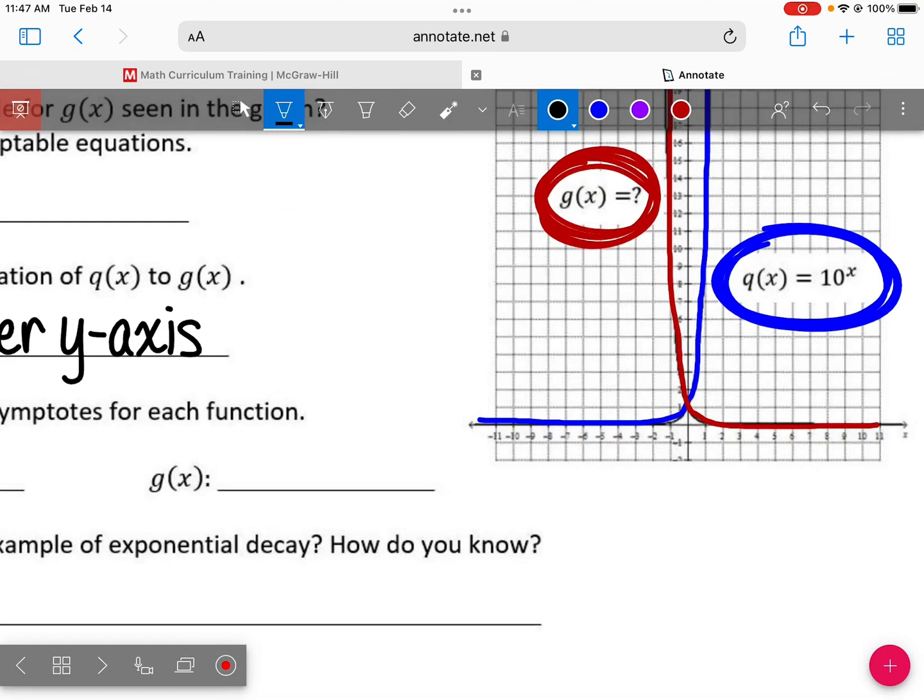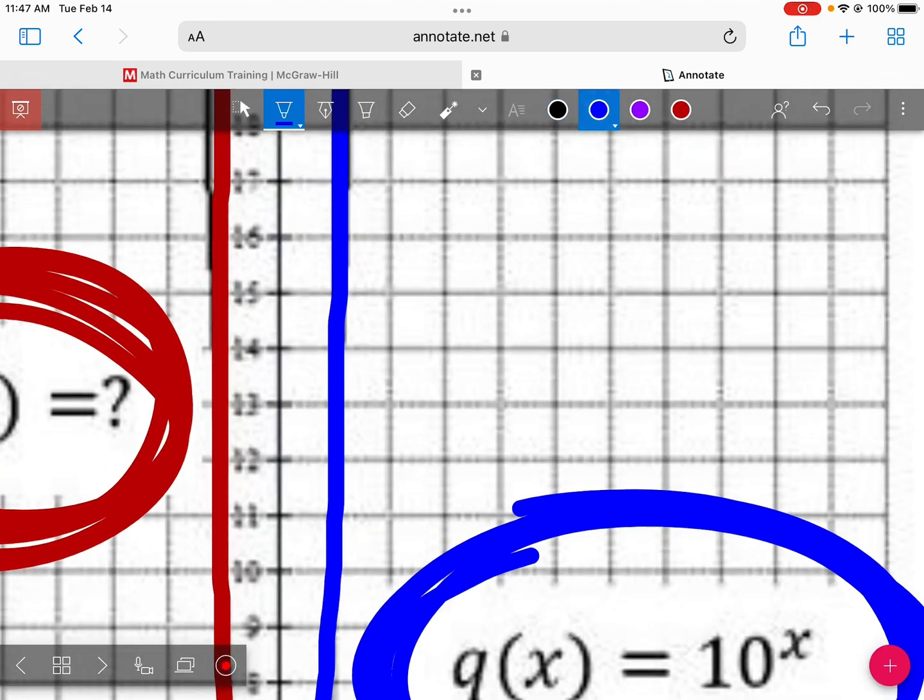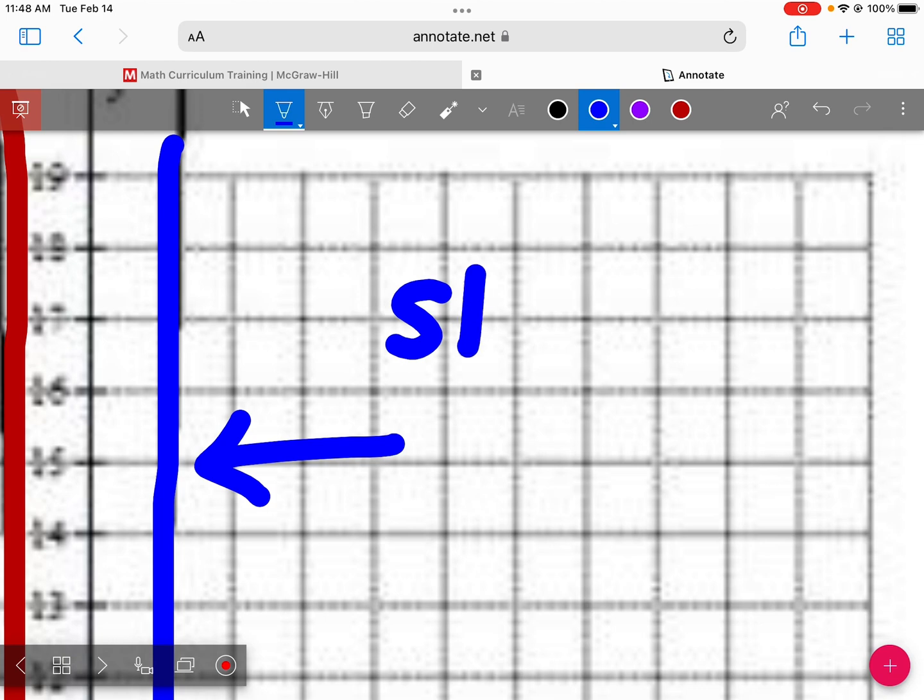Which one of these graphs is going up from left to right? Not both of them. Which one starts low and then goes up as you move further to the right? Q or G? Q. This one starts low and goes high.